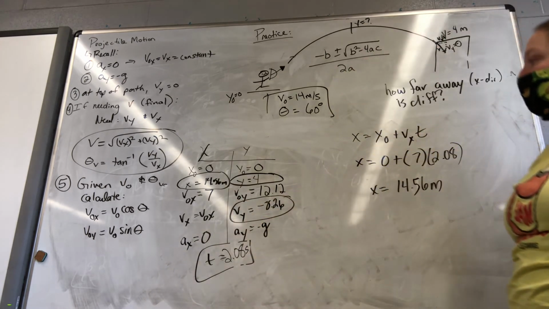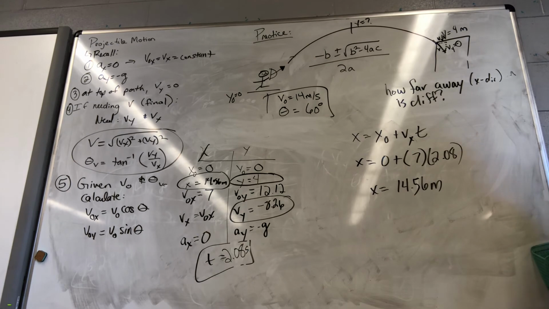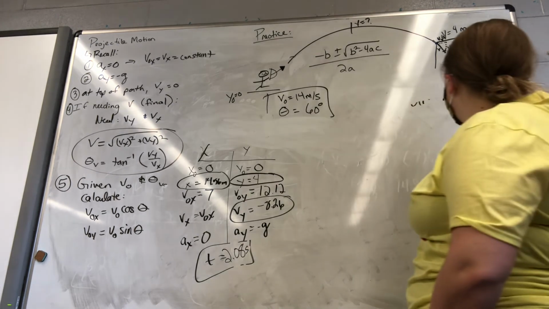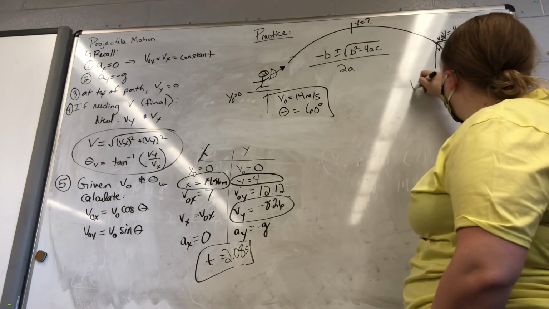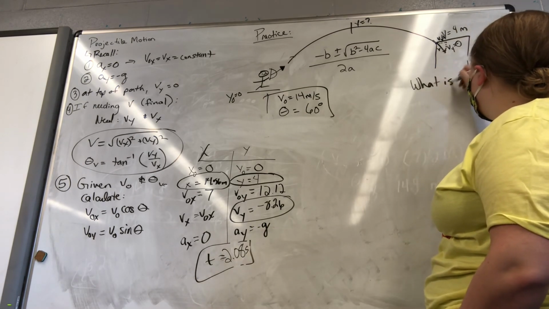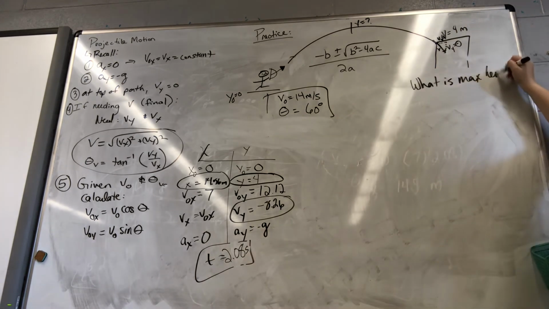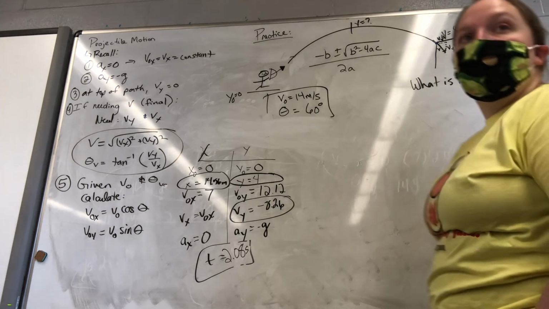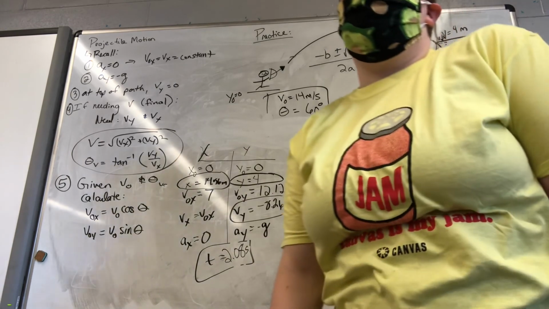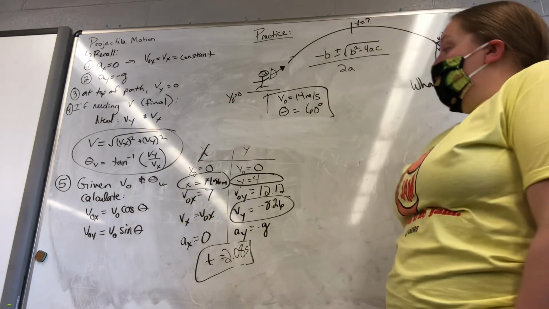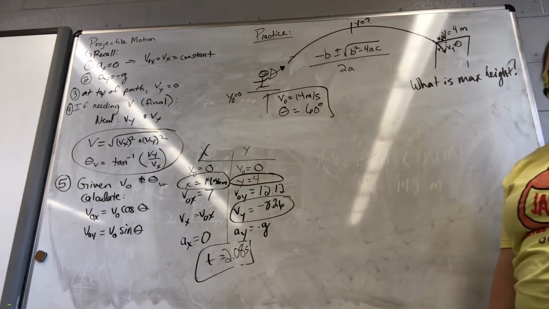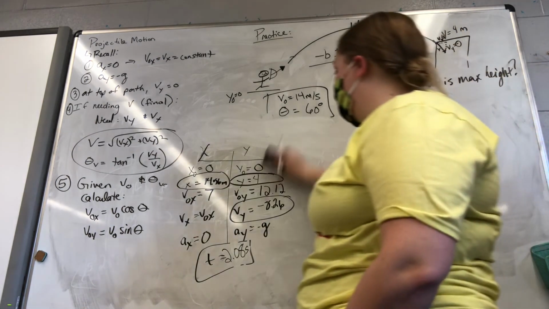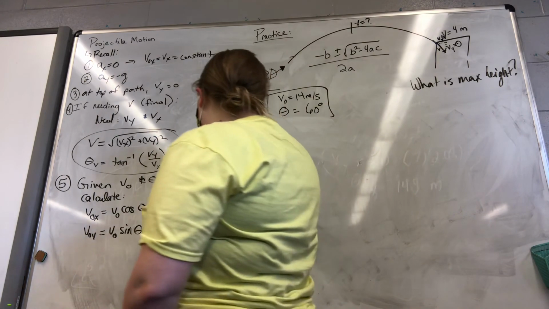Okay, next question. One more on this one. Let's find the max height. So we don't know y. Is this something like we take off of the table because we don't have the same one? Is this a different problem than the one we were just looking at? Yeah. So we're gonna start the table over.